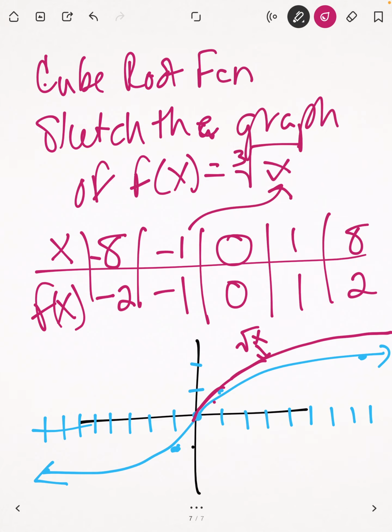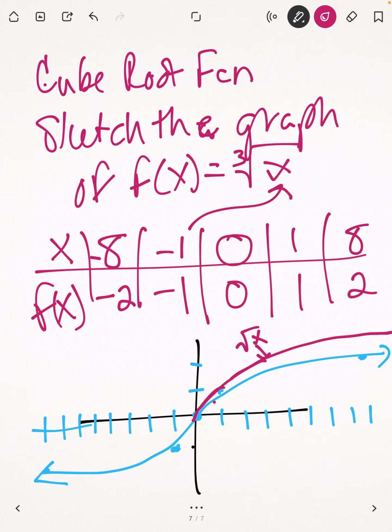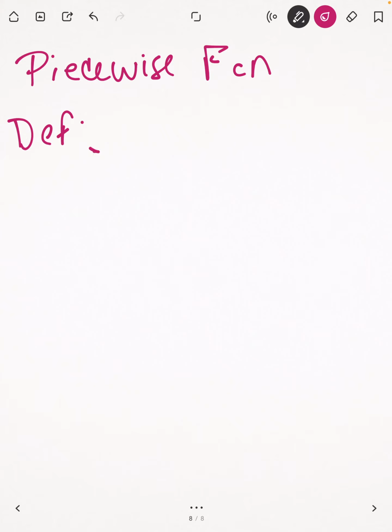So those are our ways to think about the square root in terms of a function. So now I said we were going to talk about something like piecewise functions. So a definition.